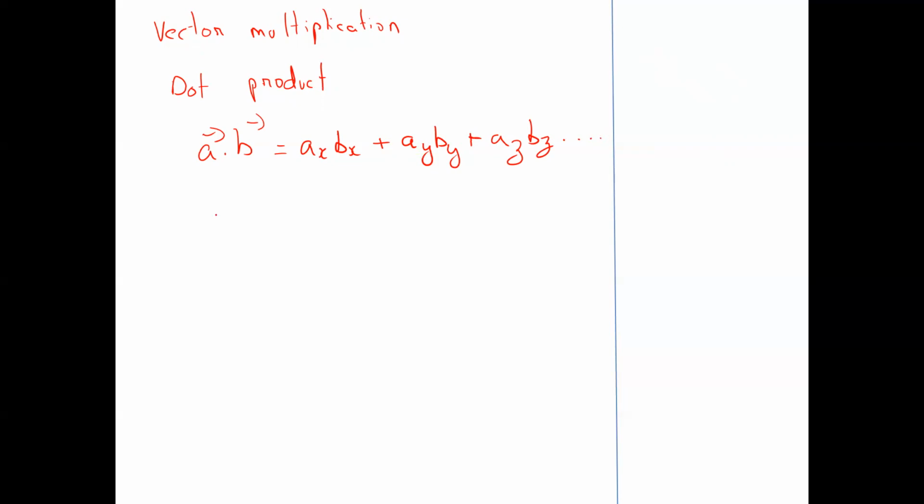And this is actually equal to the magnitude of a multiplied by the magnitude of b times cos theta, where theta is the angle between the two vectors.